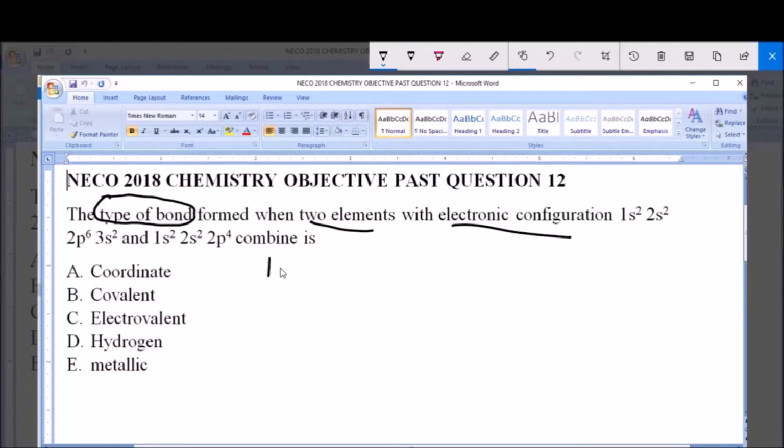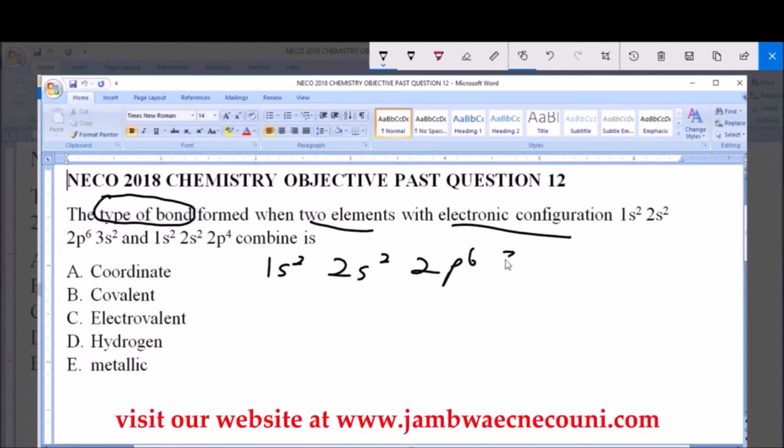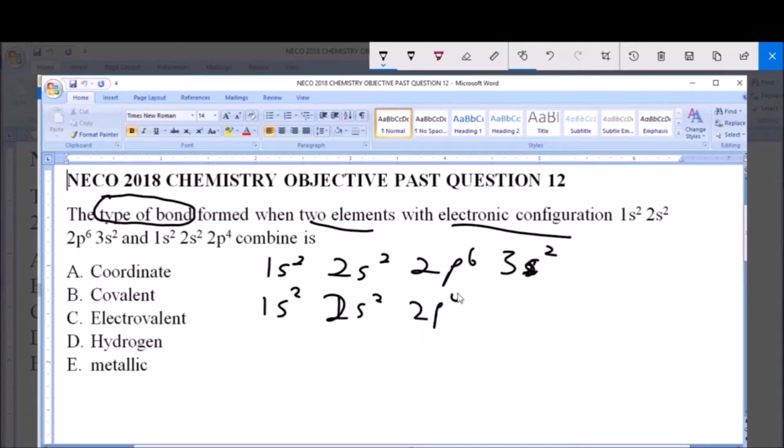So let's look at the two electronic configurations and try to see what kind of elements they are, so we can have an idea of the type of bond they are likely to form. Now the first one is 1s2, 2s2, 2p6, 3s2. To get the total electron count, you just add up all these numbers, and that will give you the total number of electrons in one atom of that element. So 2 plus 2 plus 6 plus 2 is equal to 12 electrons.